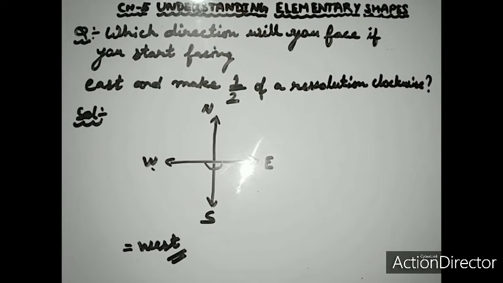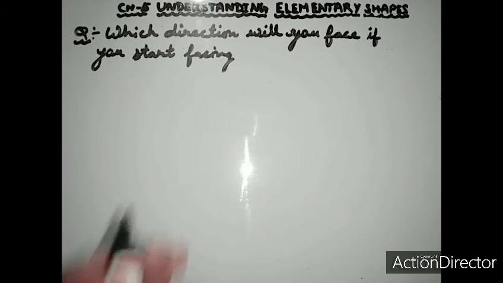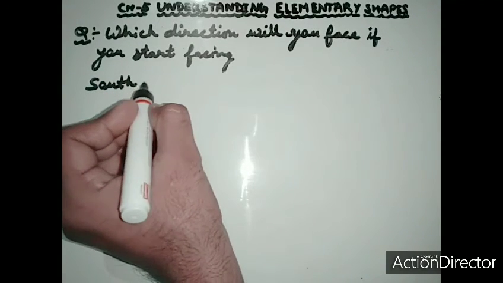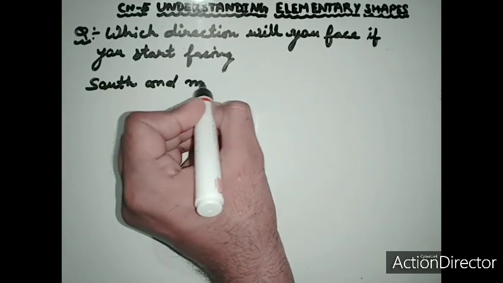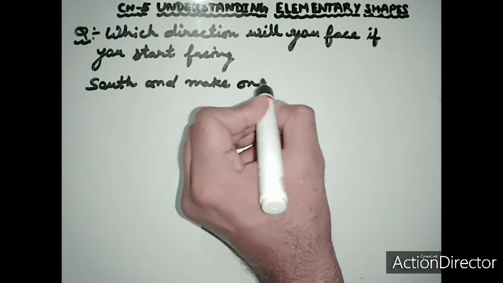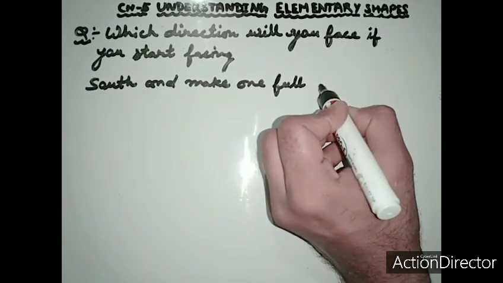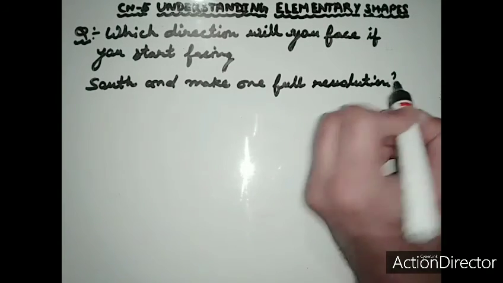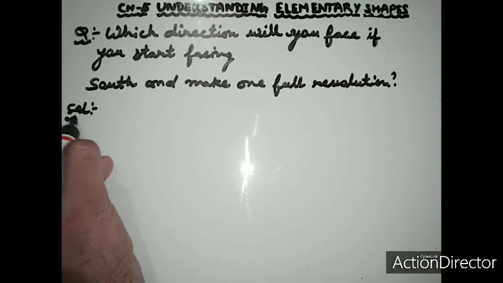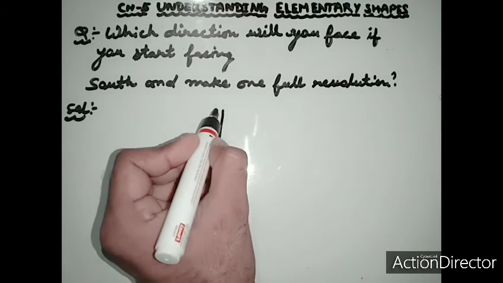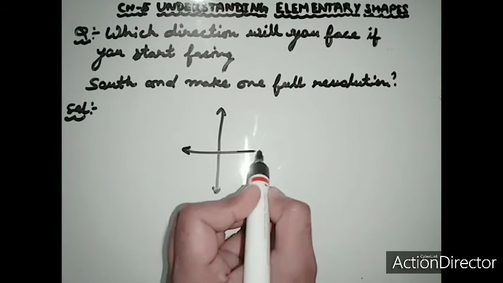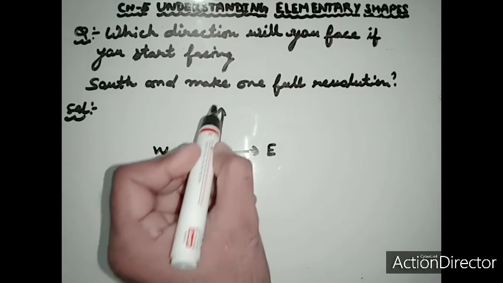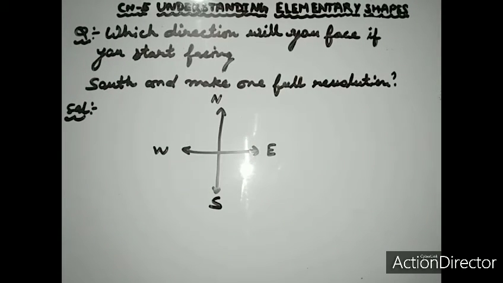Now we take another example: start facing south and make 1 full revolution, right? Now we again draw directions here, because it helps us find the exact answer. So east, west, north, south.